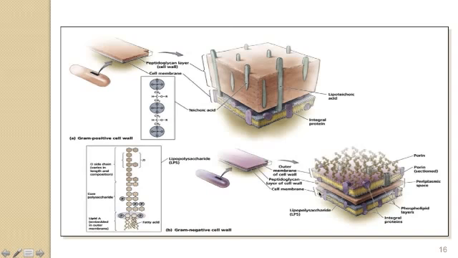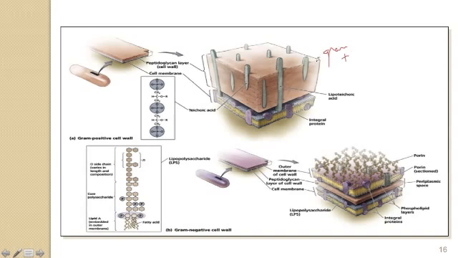So if we look at typical bacteria, we have 2 basic types in relationship to the cell wall. The upper type here, let me grab the pen for you, is referred to here as the gram-positive. So that's the gram-positive cell.